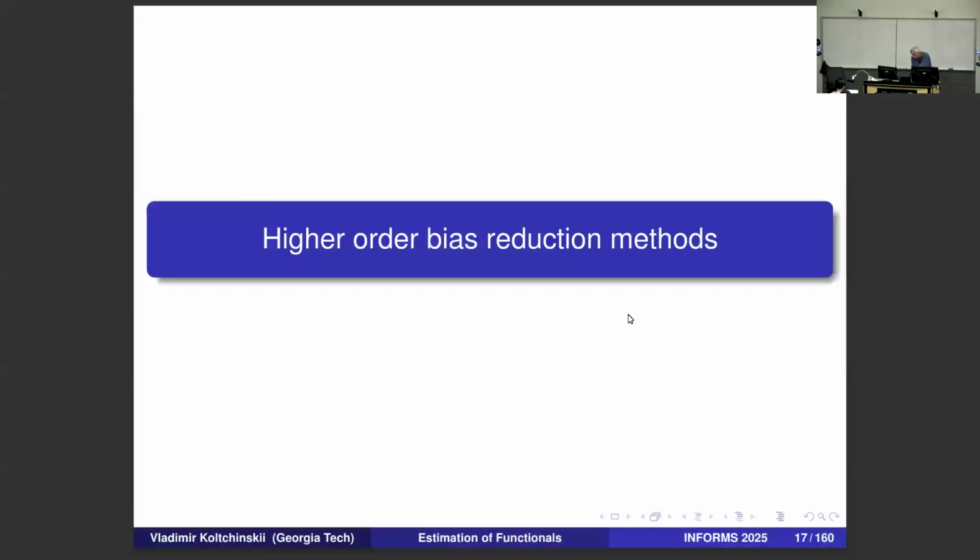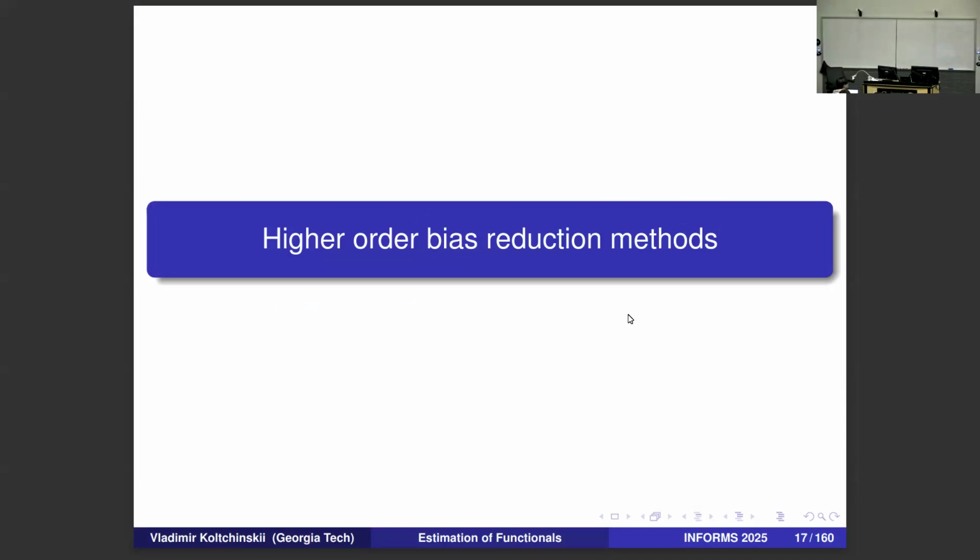And now I will start talking about an important part of the construction of estimators for which the optimal rates are attained. This is related to higher order bias reduction methods.